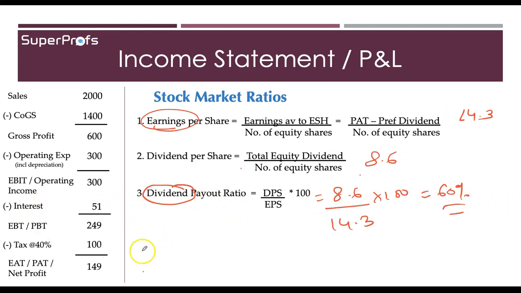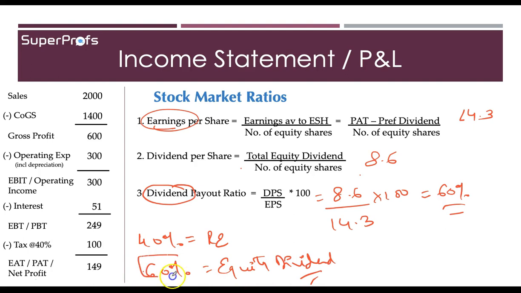Now there's one thing which is noteworthy here. You remember that in appropriation of profits, we had taken 40% of the earnings available to equity shareholders as retained earnings, which means that 60% of the earnings available were the equity dividend, and this is the same as your dividend payout ratio.